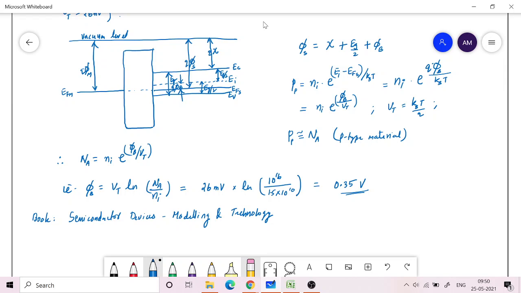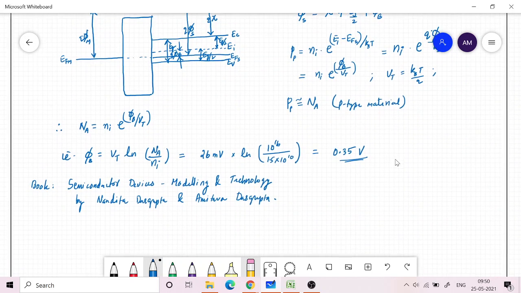The authors are Nandita Das Gupta and Amitava Das Gupta. If anybody can get a copy of this book, it is a good reference for this portion of the syllabus.